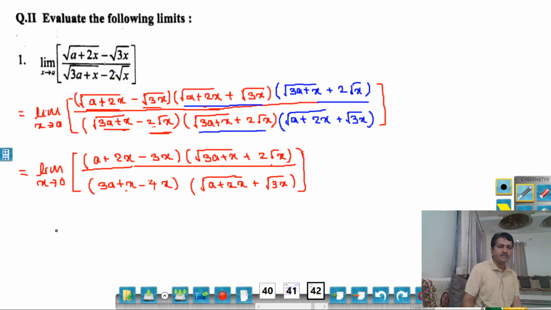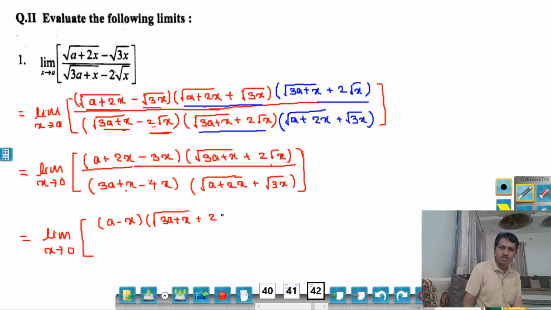Now simplify. This is equals to limit x tends to 0 of: here 2x minus 3x is a minus x, and this as it is, root 3a plus x plus 2 root x.